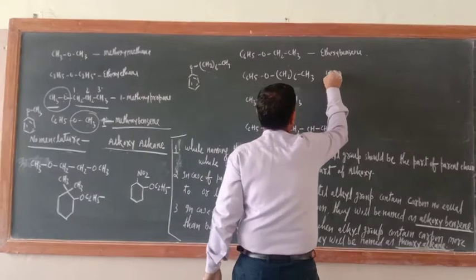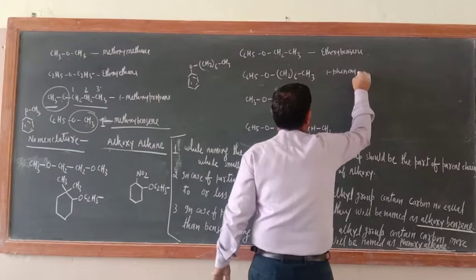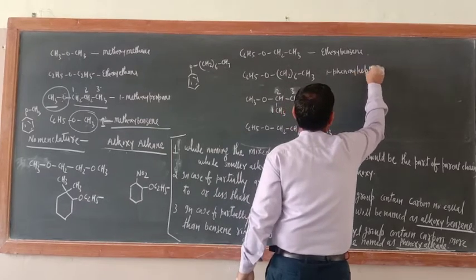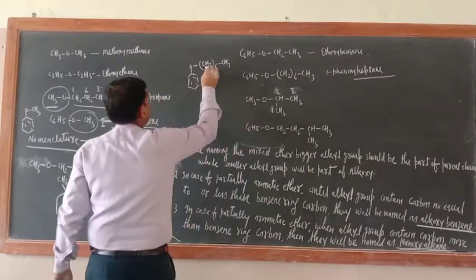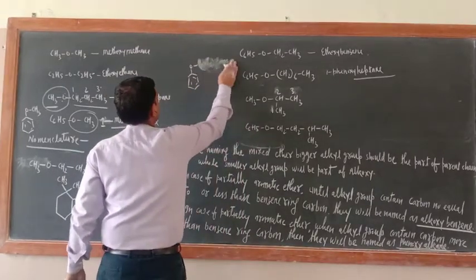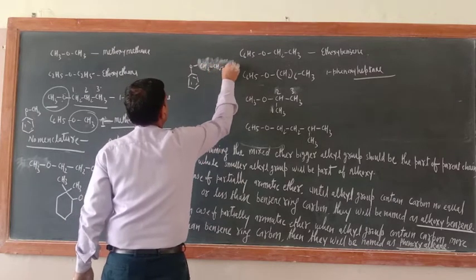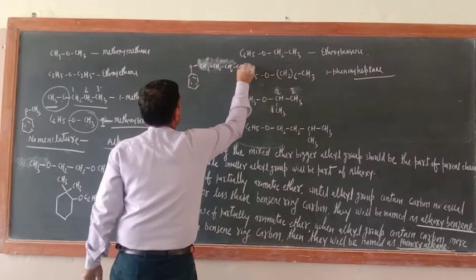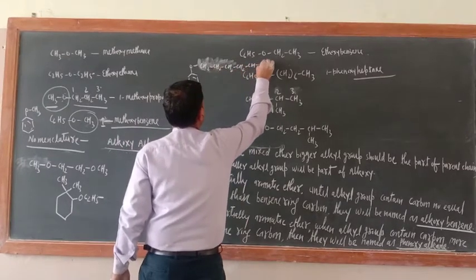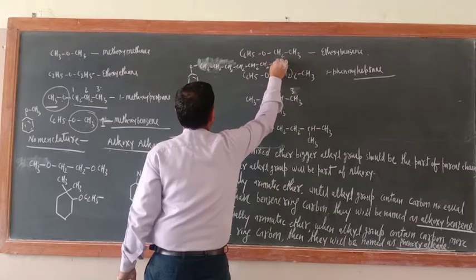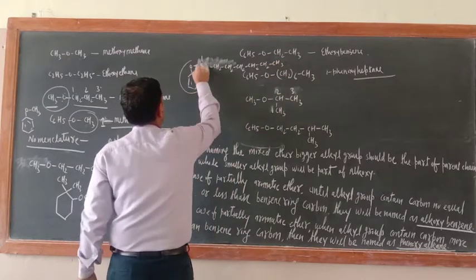So 1-phenoxyheptane. You can write this one, CH2, 6 are there, so you can write like that, CH2, 1, 2, 3, 4, 5, 6 and 7.